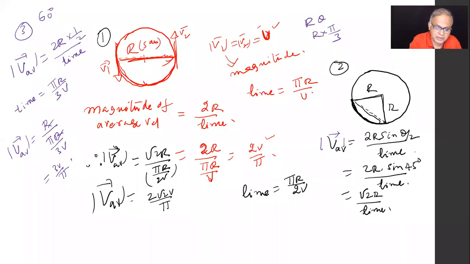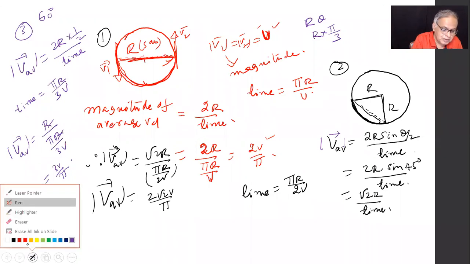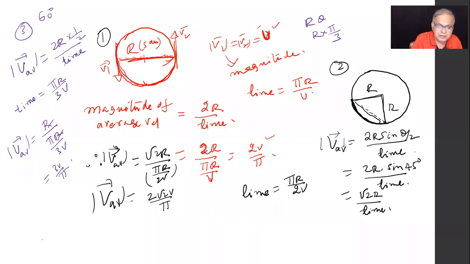Next, the fourth one, children. Tulasivardhan, are you all attentive? Now, fourth one. I'll write once again. Magnitude of V average.